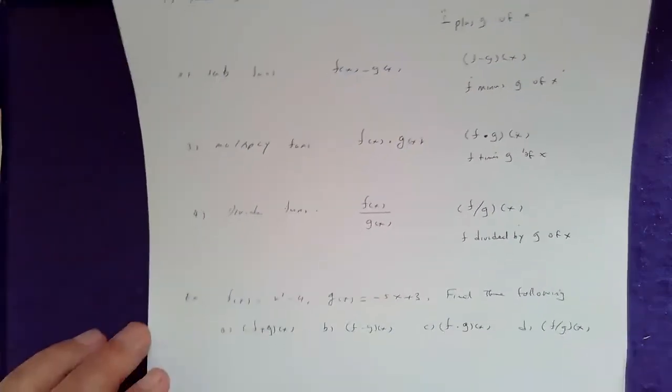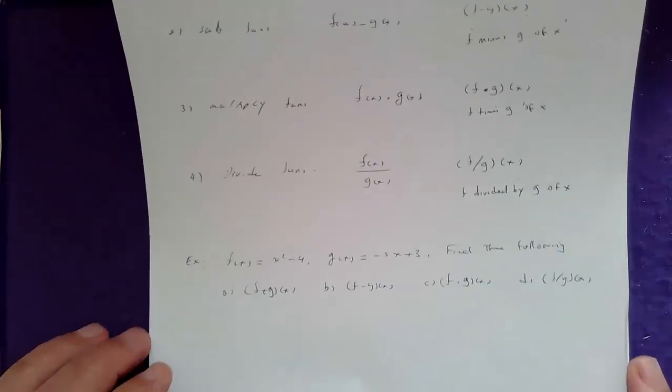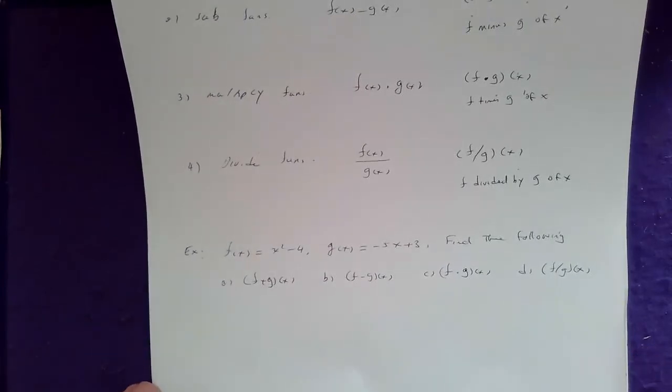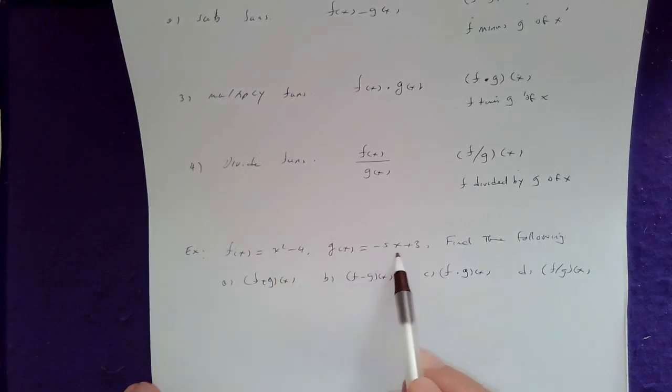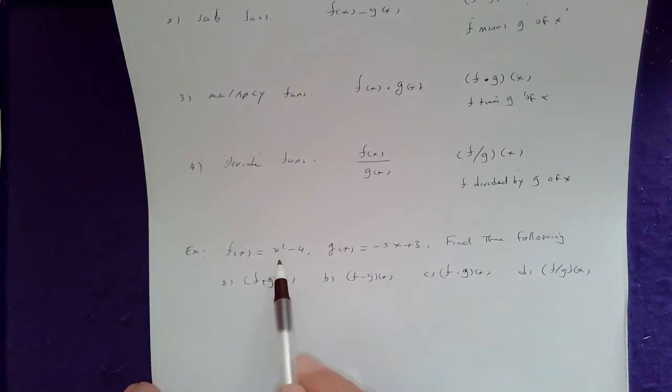So having said that, what do you say we do a couple of examples, or two or three, so we can get used to it. Here are your functions: f of x equals x squared minus 4. Here is a different function, g of x equals negative 5x plus 3. Later on we will learn the first is a polynomial function of degree 2, and this is a linear equation.